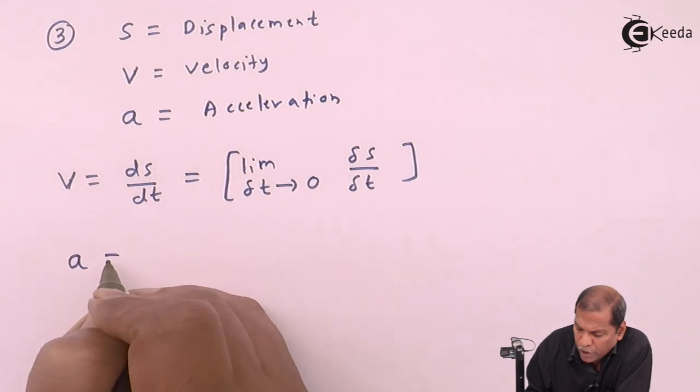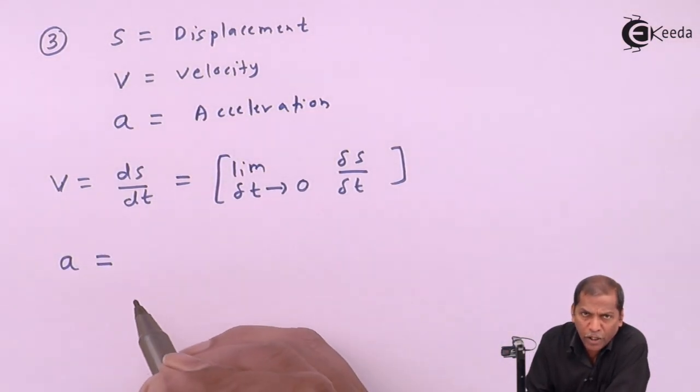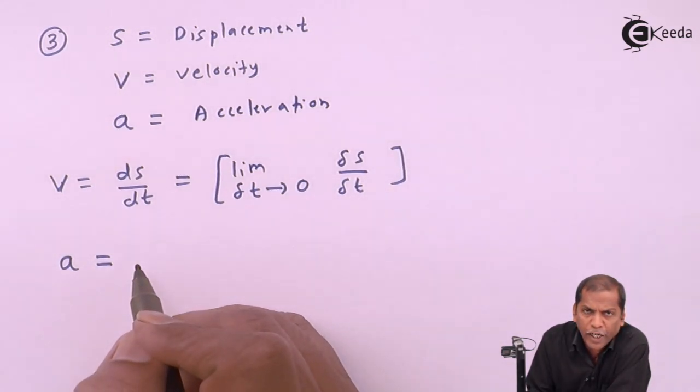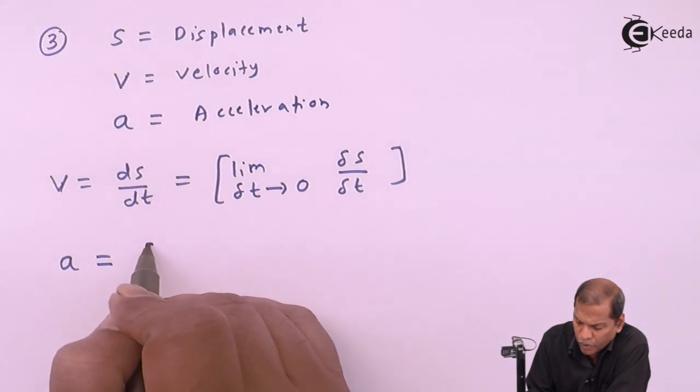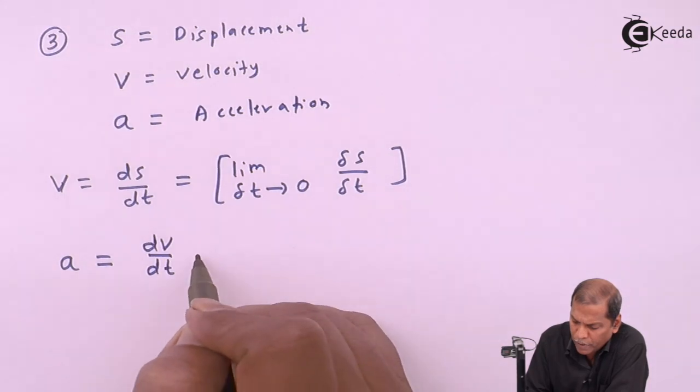Then acceleration A is equal to the rate of change of velocity, that is dv upon dt.